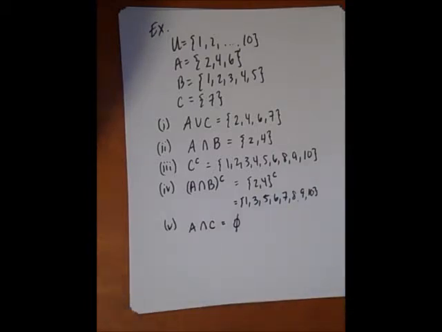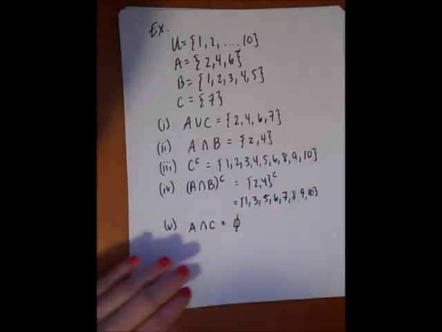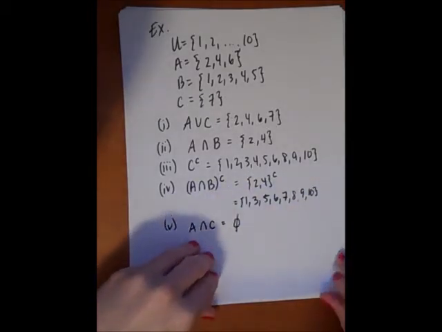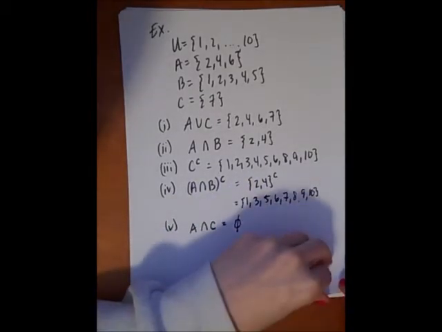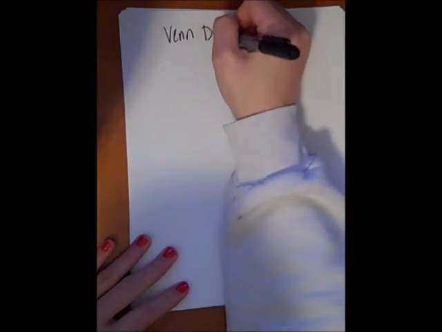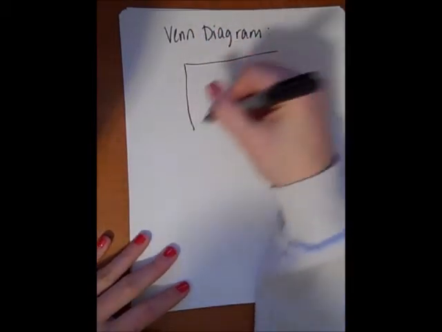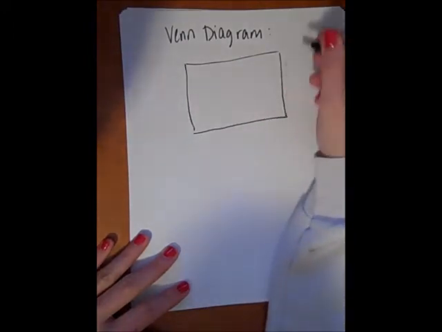So along with all of these sets, you can draw this in terms of a Venn diagram. Go on the next page here. So a Venn diagram is just a picture of how sets interact. So the way a Venn diagram works is that you're going to have one large rectangle.